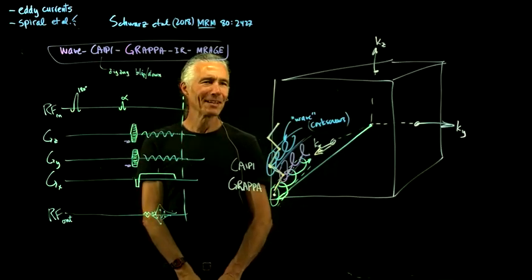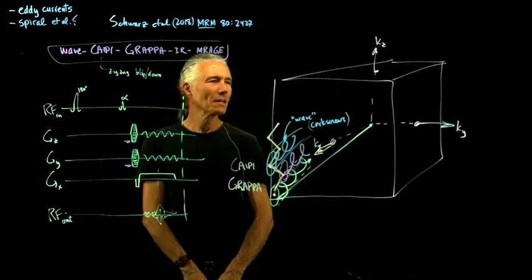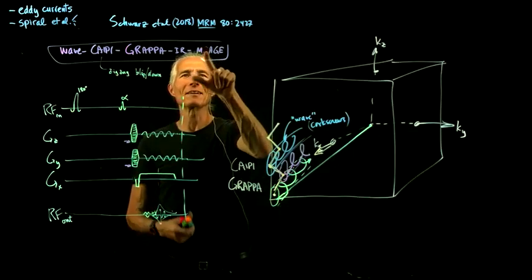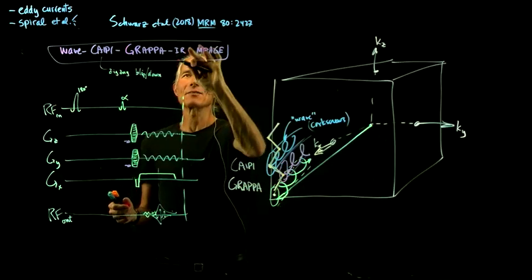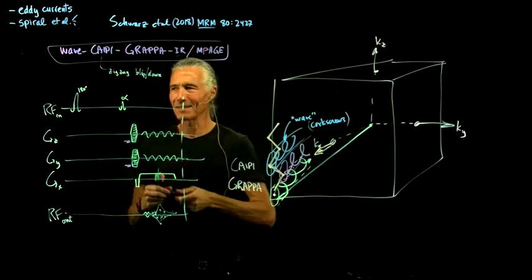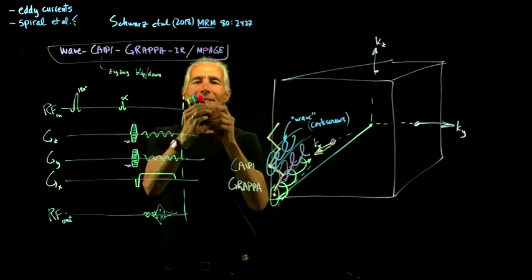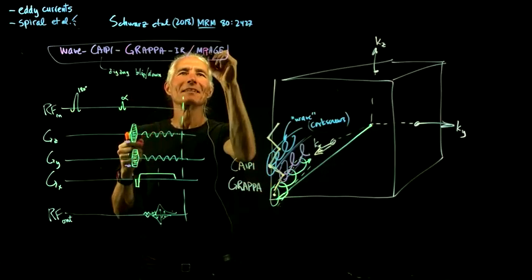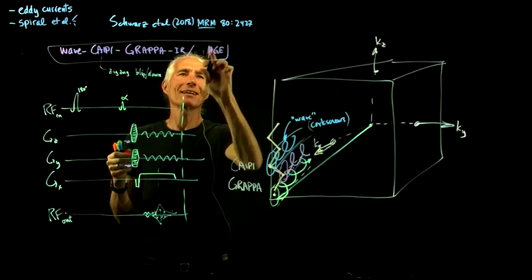So, all good. What's that? Oh, yeah, right, sorry, MP-RAGE. There we go. Yeah, MP-RAGE incorporates the idea of inversion recovery. I think MP-RAGE means magnetization prepared rapid gradient echo.